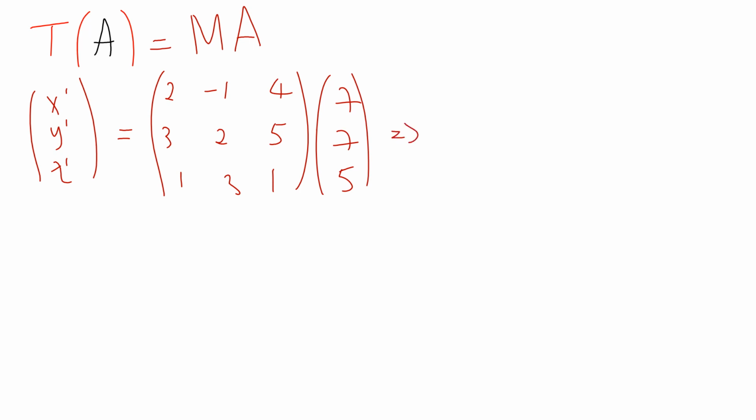So guys, let us do the matrix multiplication. We need to take 2 times 7 plus -1 times 7 plus 4 times 5. 2 times 7 is 14.